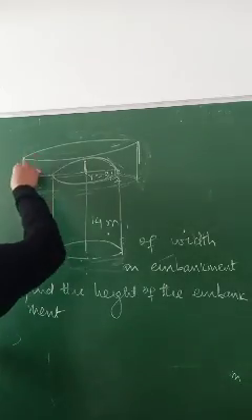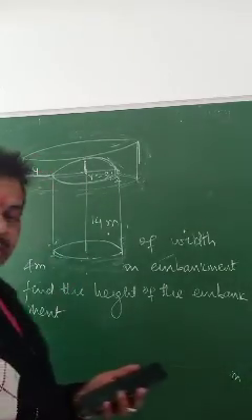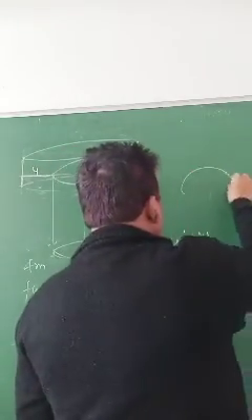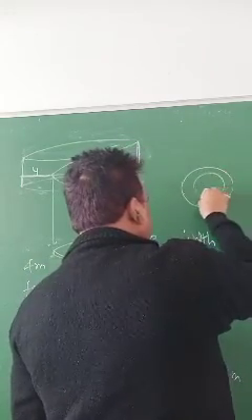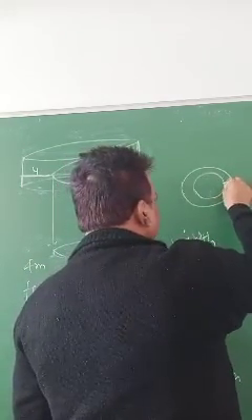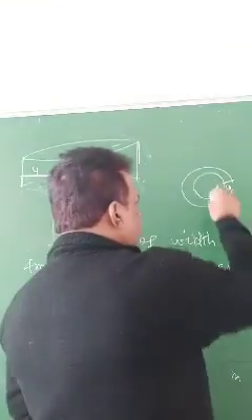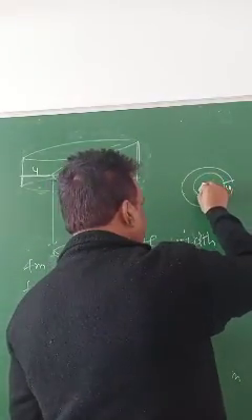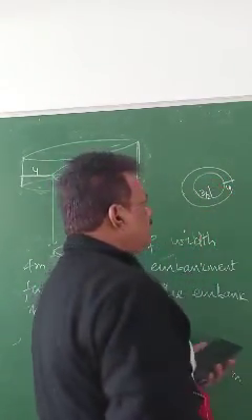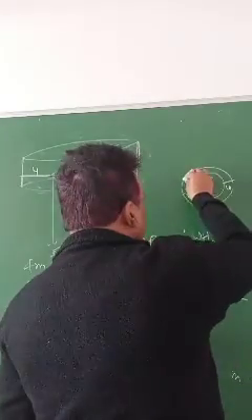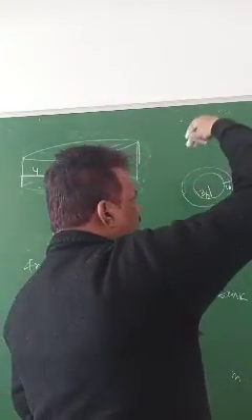This side, this width of the ring. Imagine you are making a ring like this. I tell you this is more clear if you understand. This is 4. This is 3 by 2. Okay. So when you spread over this, there will be height.